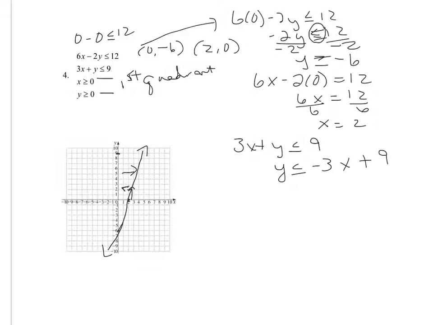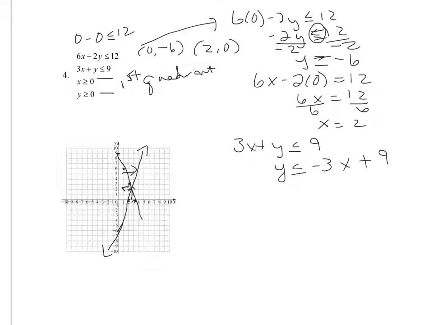I'm going to put a point there. If my slope is negative 3, I come down 3, right 1. That gives me an ordered pair at 1, 6. Down 3, right 1. That gives me an ordered pair at 2, 3. And then I'm going to come down 3, right 1, and that'll give me an ordered pair at 3, 0.